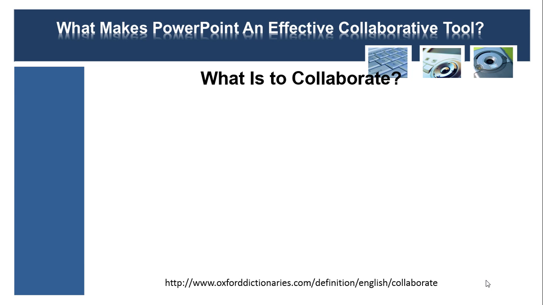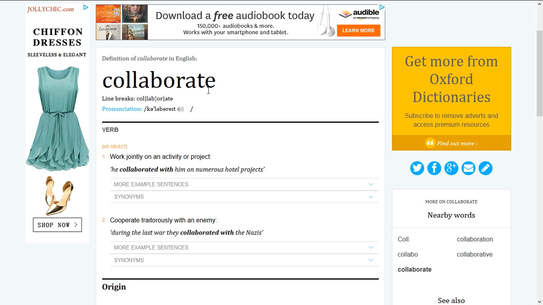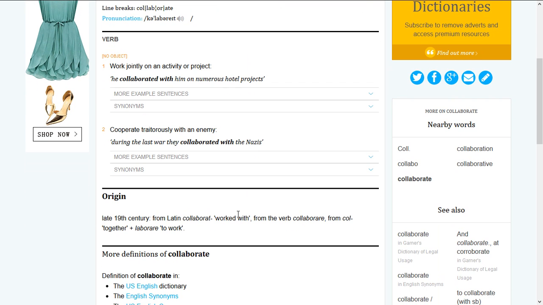According to the Oxford dictionaries, to collaborate is to work jointly on an activity or project. It comes from the Latin collaborare, which means work with, from the verb collaborare, which is divided between together and to work.